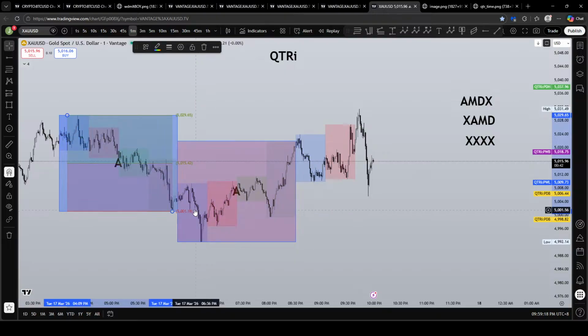So what will be the condition? The condition will be the equilibrium of that quarter PDRA.